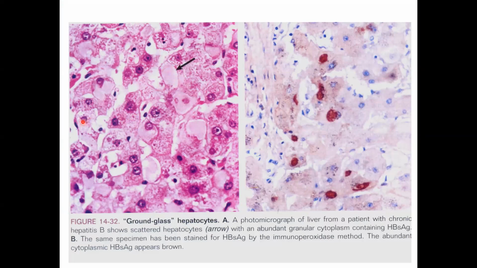Now, if you bring in a hepatitis B surface antigen immunostain and stain those cells, this brownish color is going to be the surface antigen immunostain, telling you that it is hepatitis B infection.